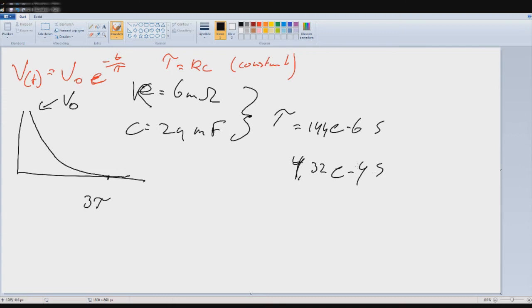It's 0.4 milliseconds. And let's see what happens if we put this circuit in a spice model.